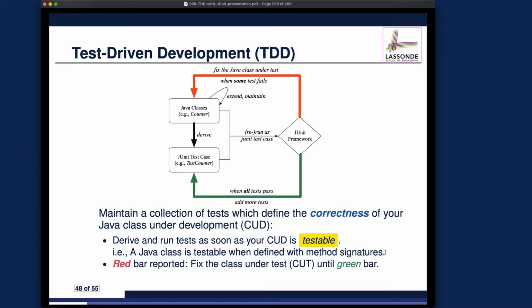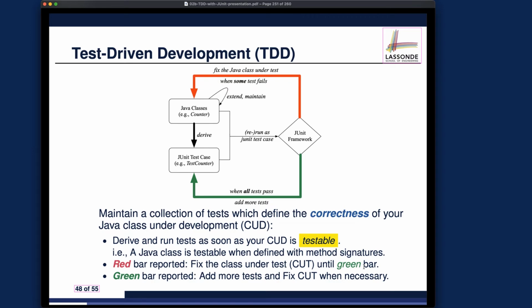Okay, if you get a red bar, that means your classes under test is actually problematic. In that case, you really want to fix the errors until you get a green bar. If you get a green bar, again, you don't want to be too satisfied because it really depends on the quality or the coverage of your test cases. In the laboratory exercises, for example, the starter tests that are usually given to you are reasonably complete.